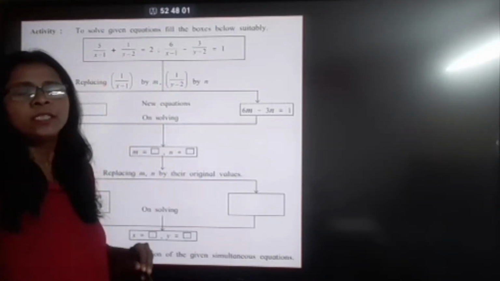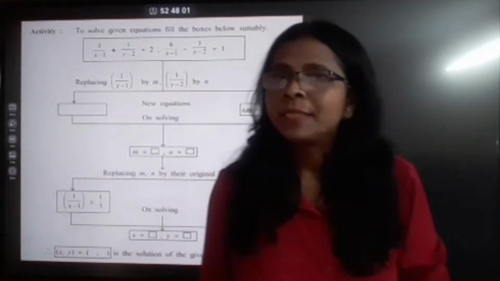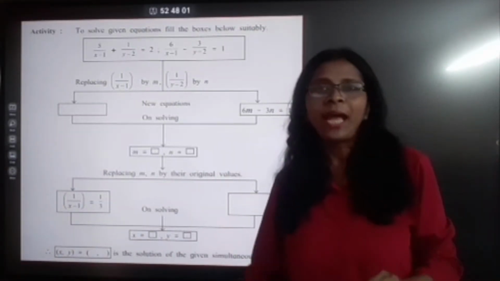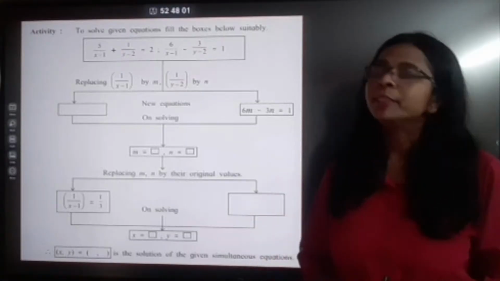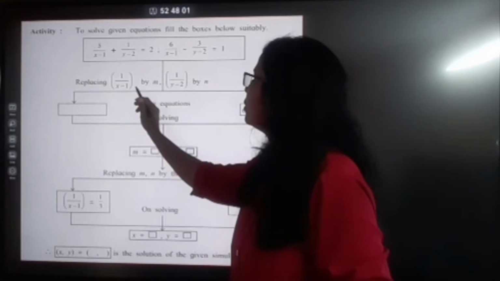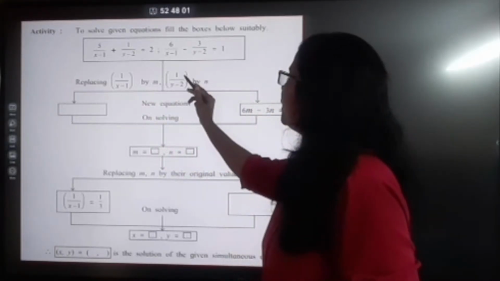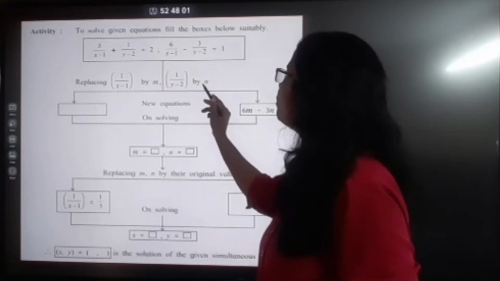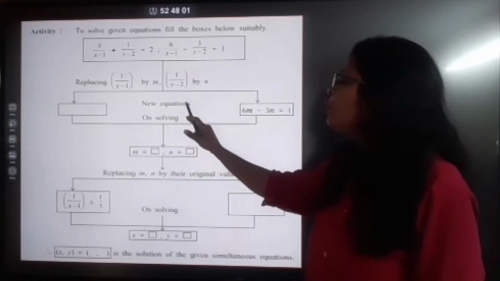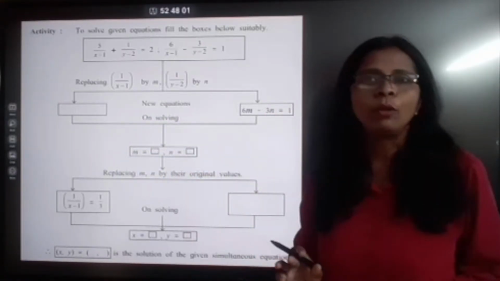Now these are simultaneous linear equations in two variables and we have to solve it. Replacing 1 upon x minus 1 by m and 1 upon y minus 2 by n, in this box we have to write the new equation on solving.